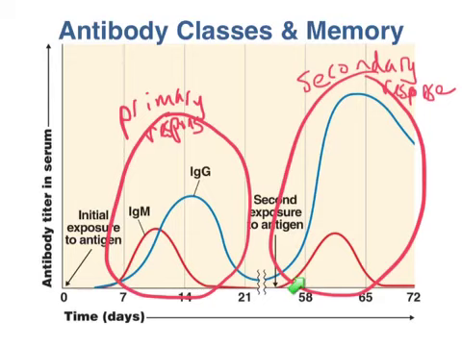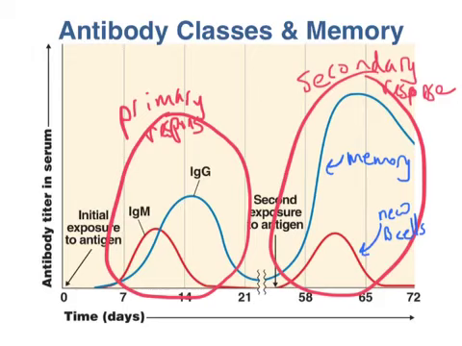But you're still getting new B cells activated. So if you're exposed to antigen, you'll have the memory cells producing IgG, but you'll also have new B cells getting activated and producing IgM. So you'll have a low level of IgM as well.